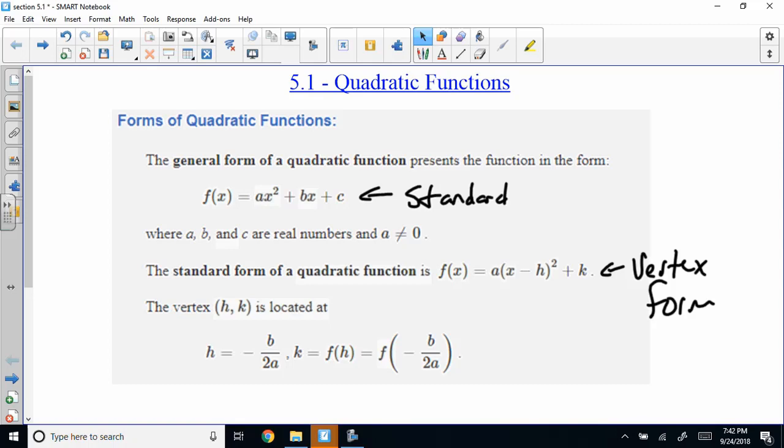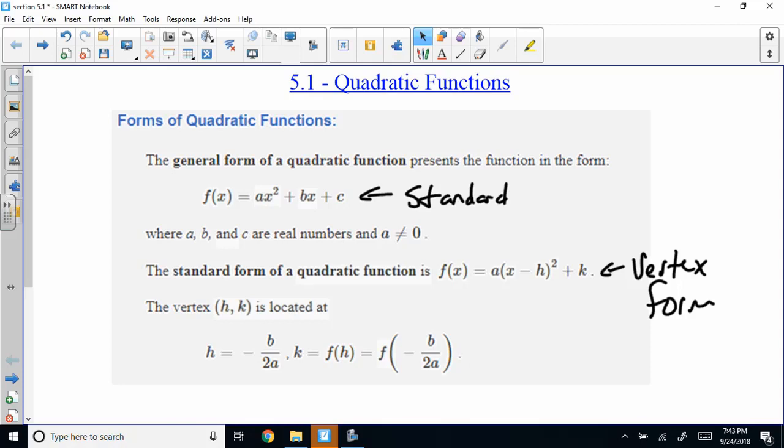So it's a rather useful calculator. It says where a, b, and c are real numbers and a can't be equal to 0, the coefficient of the quadratic term can't be 0, because if it is, it's no longer a quadratic term. That disappears. Then it becomes linear. And we do not want that.